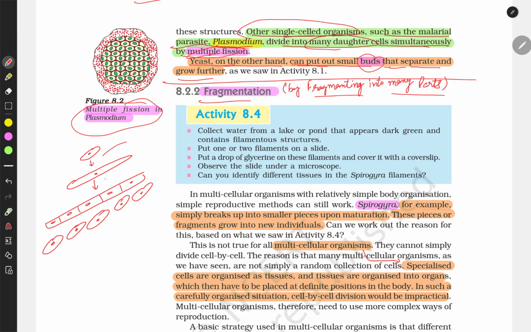Suppose this is an individual and it elongates, and after elongation it divides into multiple sections, each having their own nucleus, and these get fragmented into multiple parts like these. Here it is fragmented into five different individuals, so one individual finally fragmented into five individuals. This is how fragmentation happens.